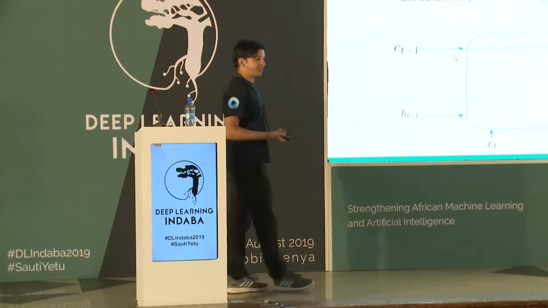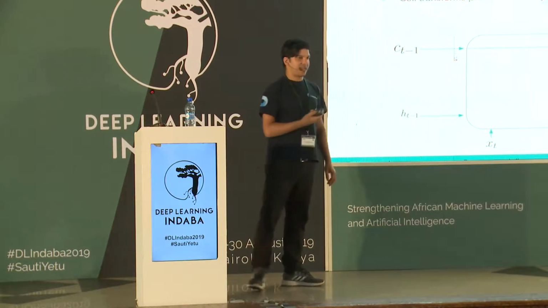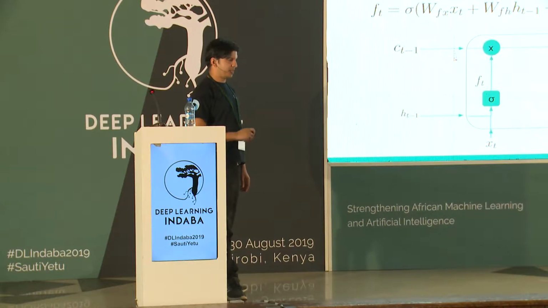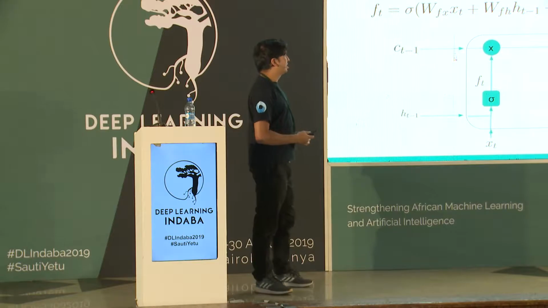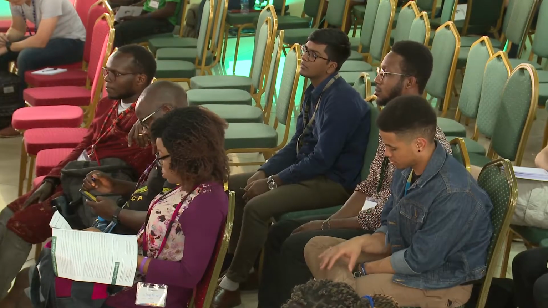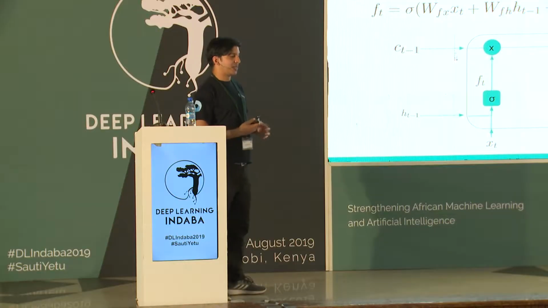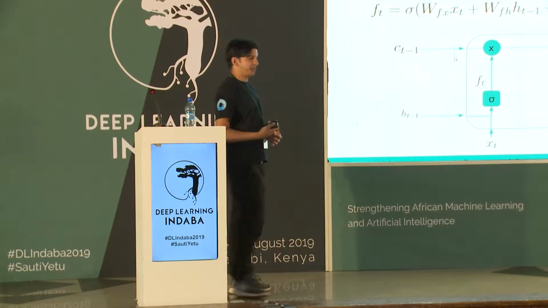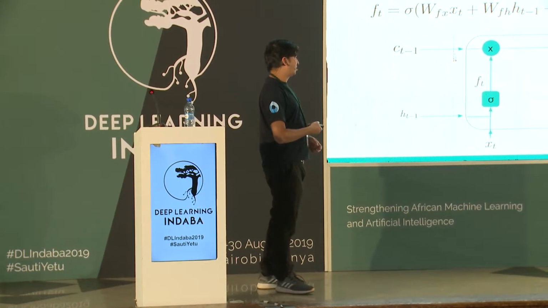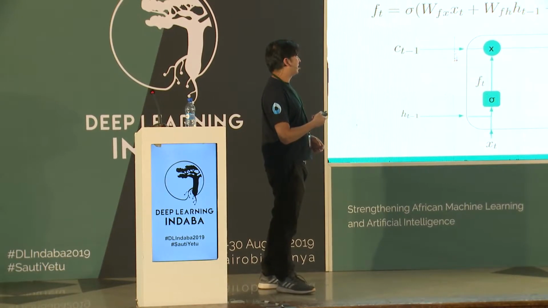So starting with this blank slate of an LSTM cell that has the same interface as a standard RNN, let's add some components to it. The first component we're going to add is the forget gate. The forget gate is a gate that allows the LSTM to drop some contents from its memory. Now the forget gate is controlled by the current input and the previous state.